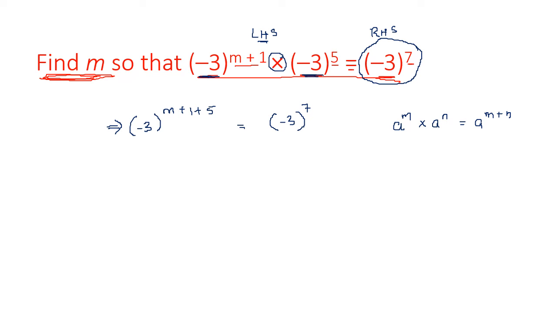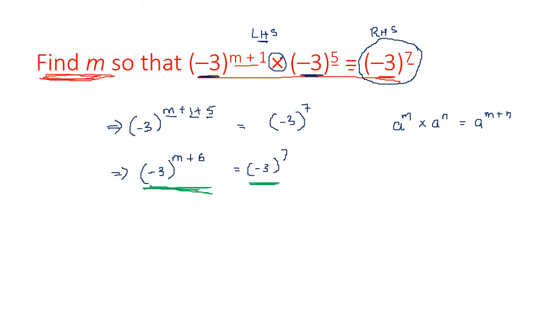Now like I told you, the right hand side is simplified, so we have nothing to do there. This becomes minus 3 raised to m plus 6, since m remains as it is and 1 plus 5 becomes 6, and that is equal to minus 3 raised to 7. Now they have told us that these two numbers have the same value.